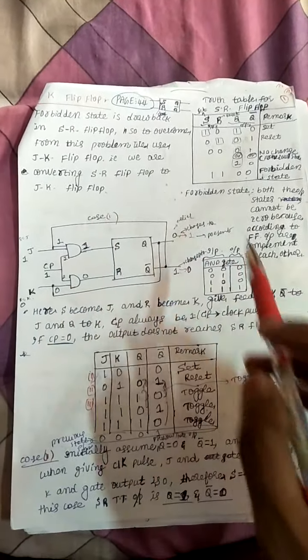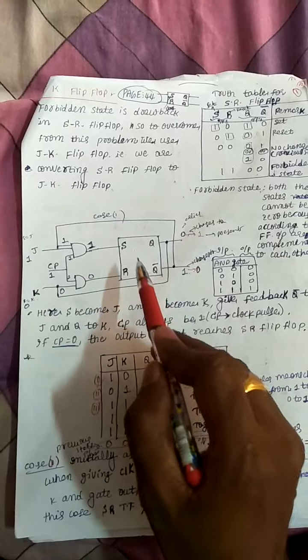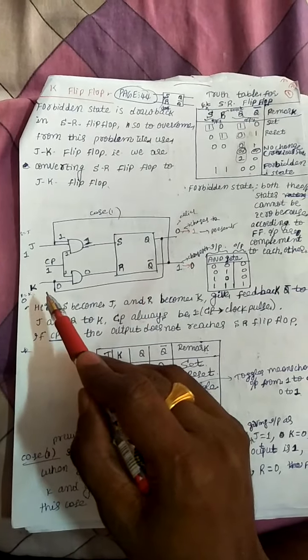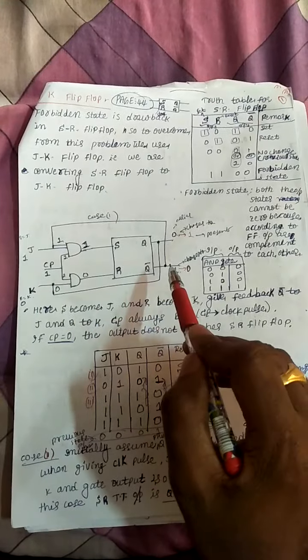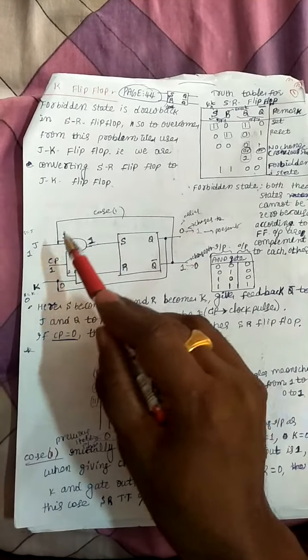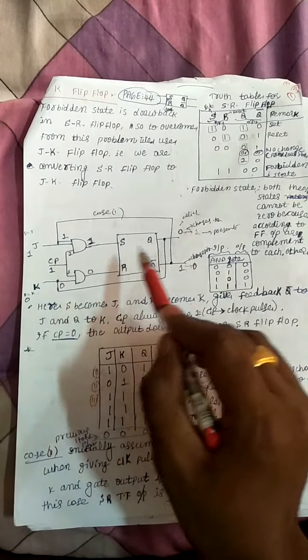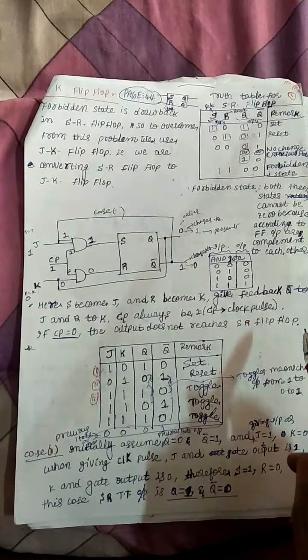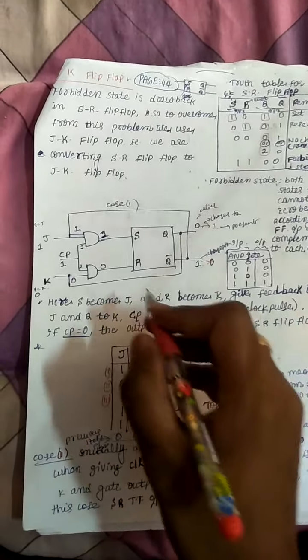So here S is equal to J and R is equal to K. Q bar output is fed back to J input, Q output is fed back to K input.